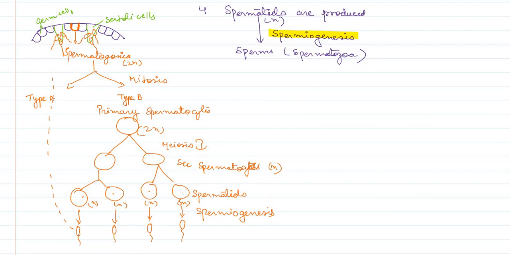To get its nourishment, because Sertoli cells provide nourishment to the spermatozoa. That's why these spermatozoa embed their head inside the Sertoli cells to get their nourishment.